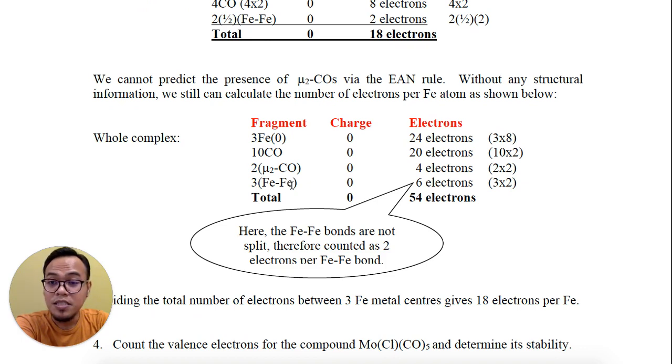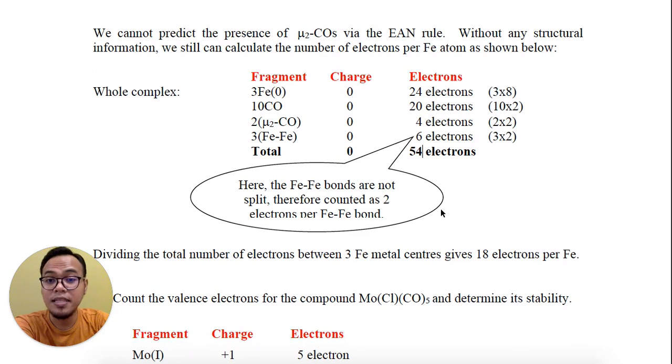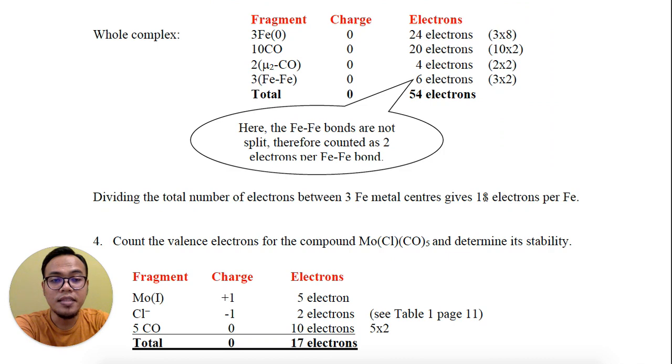So 3 times 2, you're going to get 6. So 24 plus 24 plus 6, you're going to get 54 electrons. But these 54 electrons are actually the number of electrons for the whole complex. We want to find EAN, meaning the total number of electrons for one metal atom. Since we have 3 metal atoms here, 3 Fe, you have to divide 54 by 3. So the answer will be 18 electrons. So it is still considered stable.